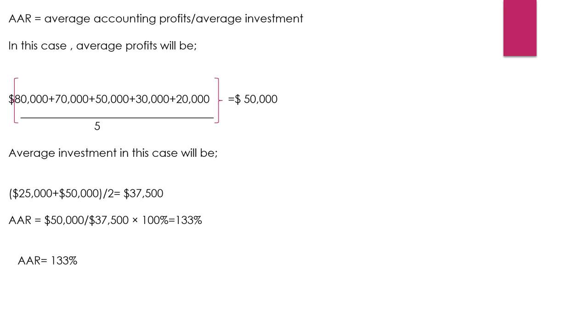So the accounting rate of return would be the average accounting profit, $50,000, divided by the average investment, that's $37,500, and then multiply by 100%, you get 133%. So the accounting rate of return, the answer, is 133%.